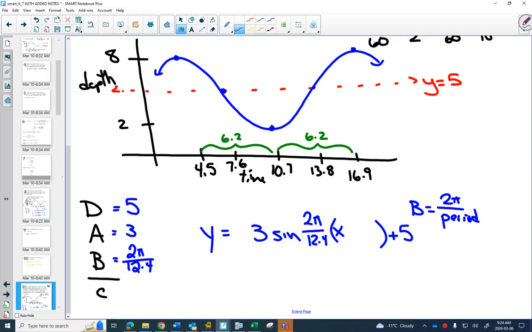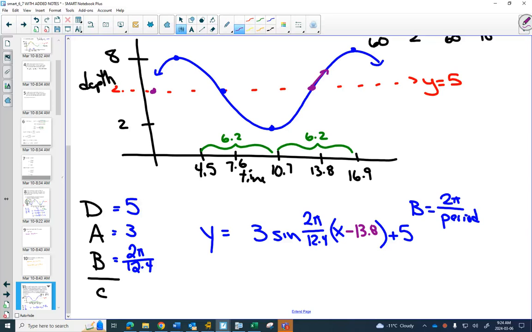Do I have a point in the middle going up? Yes, right here. So how would I do that shift? It's to the right, so it's going to be minus 13.8. You could have also, there's one right here even closer. If you go back 3.1 to 1.4, you could use that number as well. Doesn't matter which number you use.